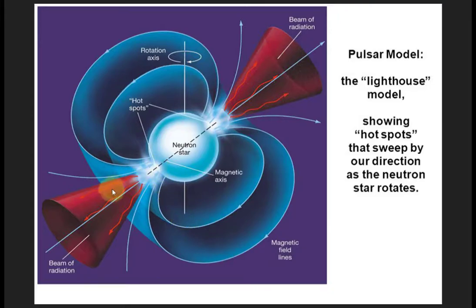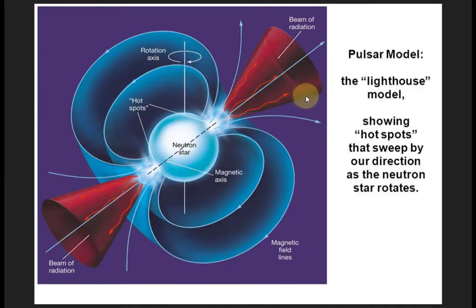The magnetic poles is where the electrons get caught and they spiral and they emit synchrotron radiation. We can see the synchrotron radiation if you're at the right place. If you happen to be at the end of the north or south magnetic poles, every time the star rotates, you'll be able to see it. This kind of star is called a pulsar, if you can see it from the Earth. If not, we just see a neutron star. So neutron stars are not pulsars necessarily.